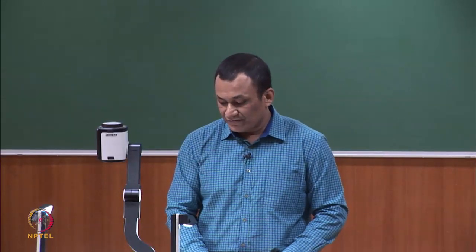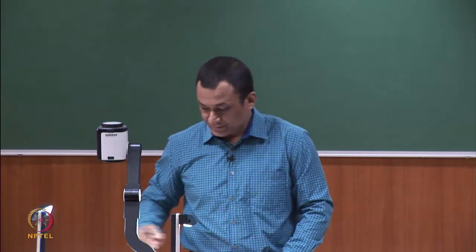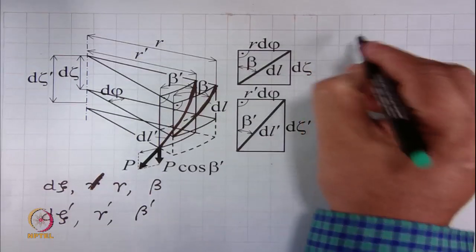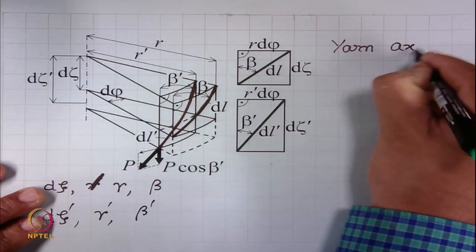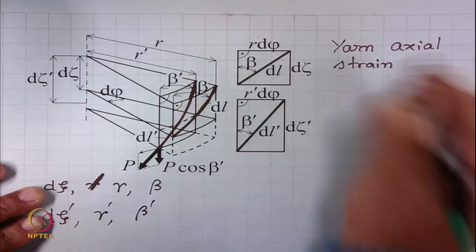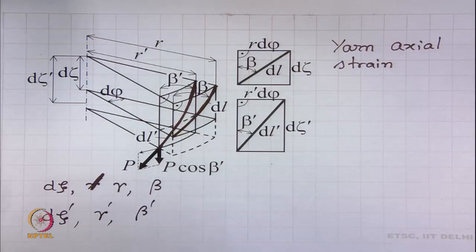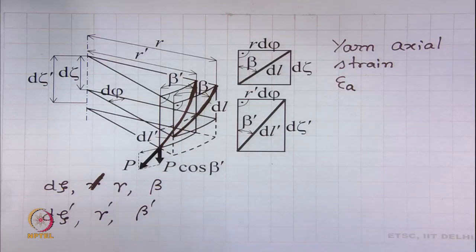Now we will define three quantities. One is yarn axial strain. We use the symbol epsilon subscript a. This is the change in the axial distance divided by the original distance.